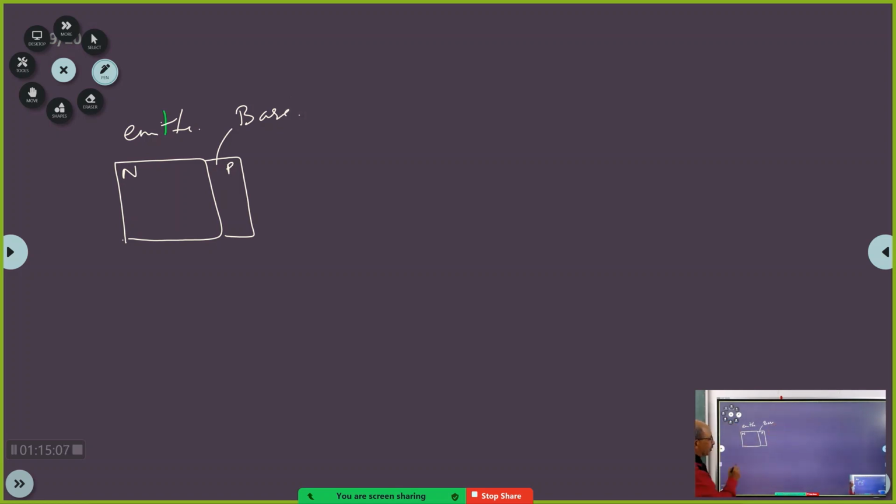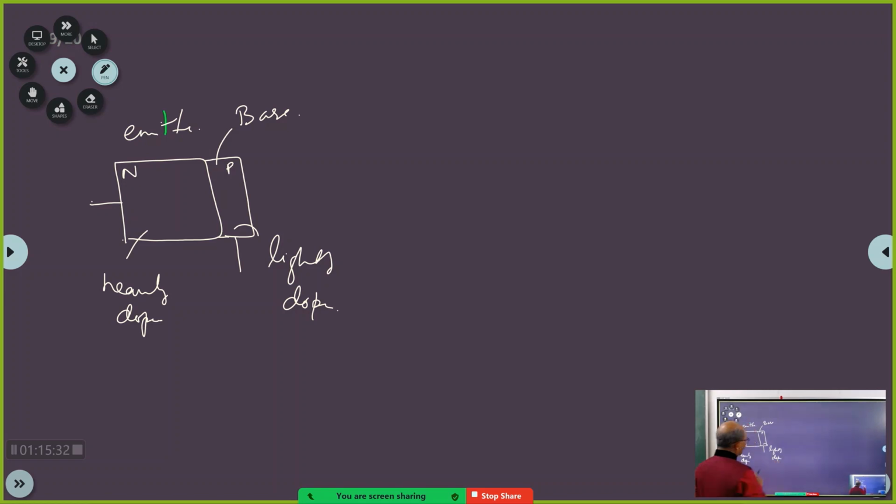So when this junction is formed, I am showing the electrode here, electrode here. When the junction is formed, what happens? Some depletion region. Now you see, this is heavily doped and this is lightly doped.